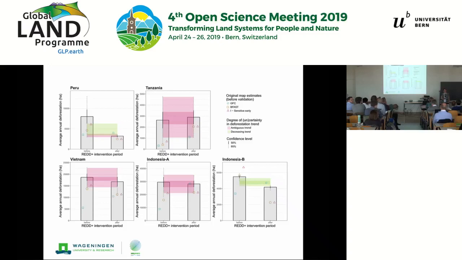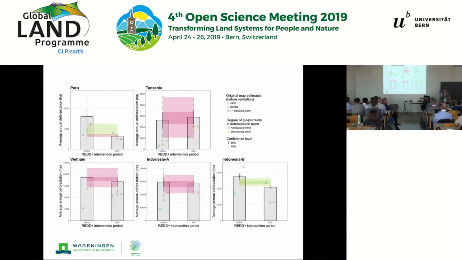Humans may be indirectly driving it, but we don't know that. The whole area is getting more woody anyway. So if this was carbon accounting from emissions, you would say how much is due to direct human action and how much are we going to ignore because it's the natural carbon cycle. Does the same apply here? How much can you attribute to the REDD policy and how much is just the background?